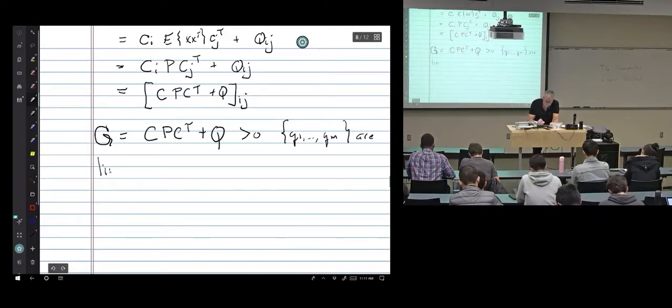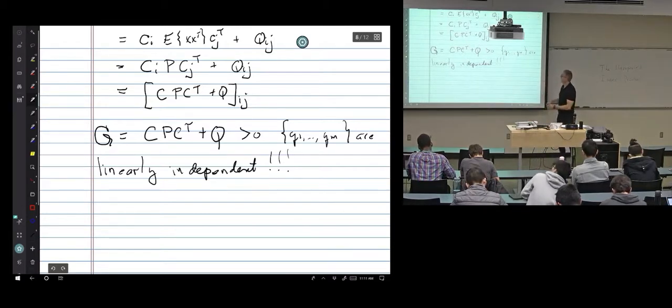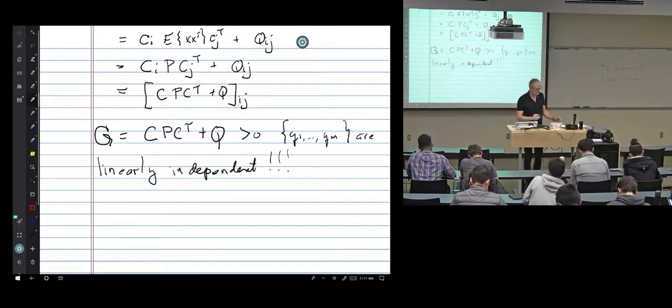So that's cool. Okay, so that's if and only if. So really the assumption was set up so that the noise model on the state and the measurements resulted in linearly independent measurements. Well, that's cool.